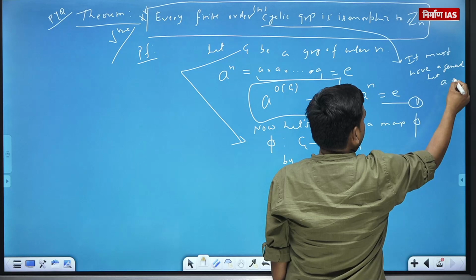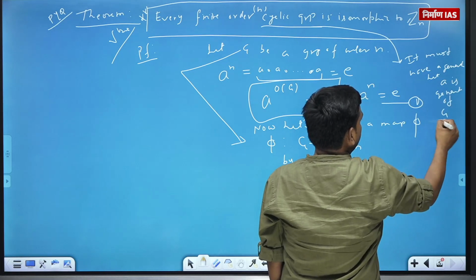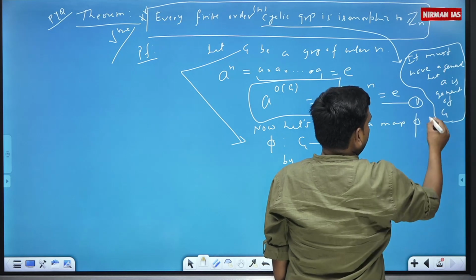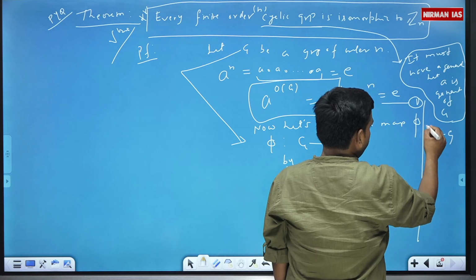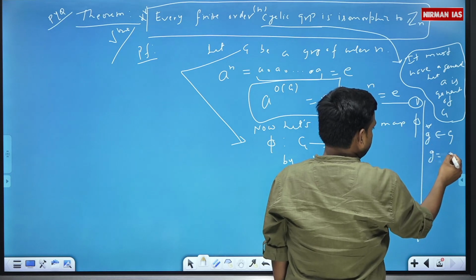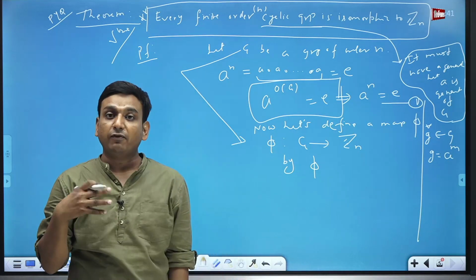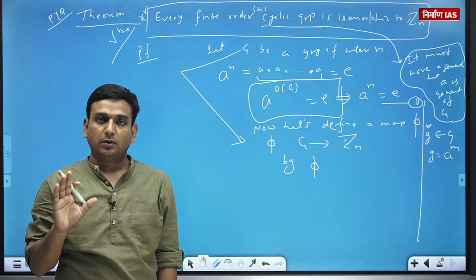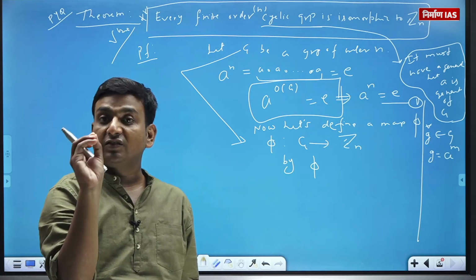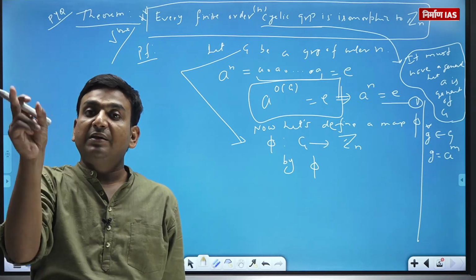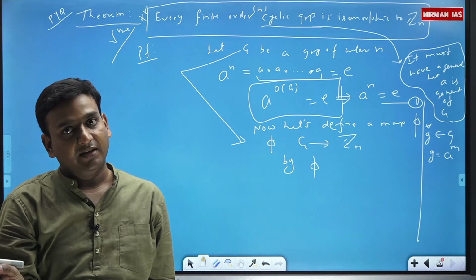Let a be a generator of G, then every element of G will be some composition of a, some number of times. You got the point? If G is a cyclic group, it must have at least one generator, meaning each element of the group G will be generated by that element a.